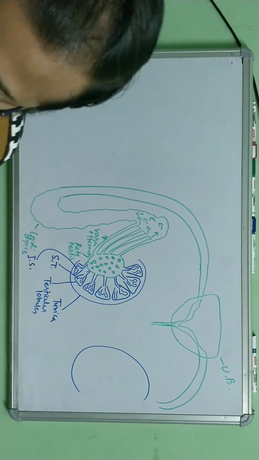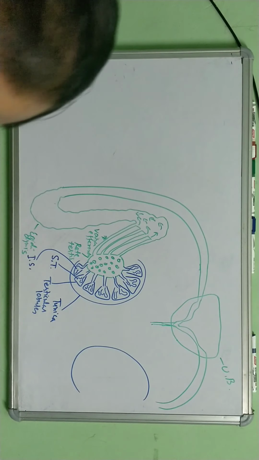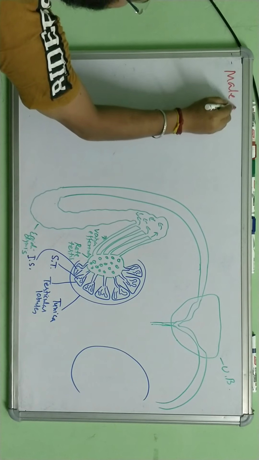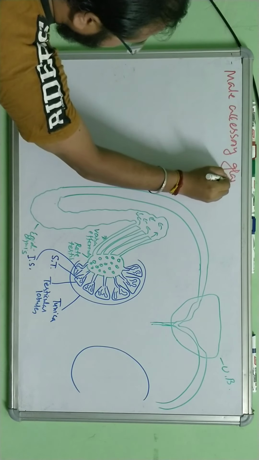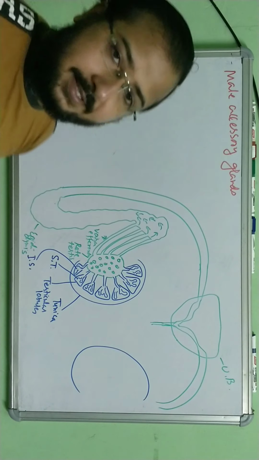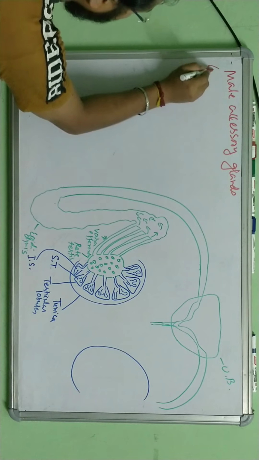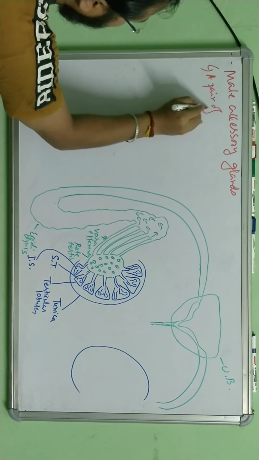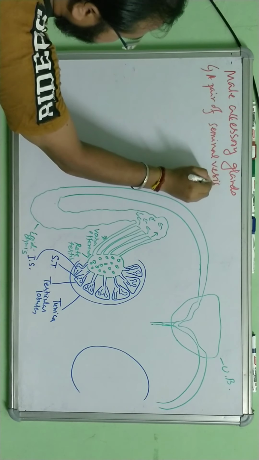Next we will do the male accessory glands. Three different types of male accessory glands are found. Number one, a pair of seminal vesicles.